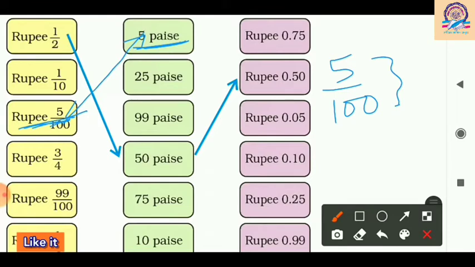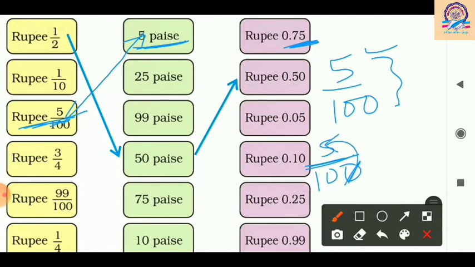Now in the rupees column, which is in decimal form, we have to convert this fraction into a decimal number. So how do we convert? As you all know, in the denominator we have 100, which means 1 and 2 zeros. For the first 0 we take the first digit of the numerator, so 5 is taken. Now just write 5 here.